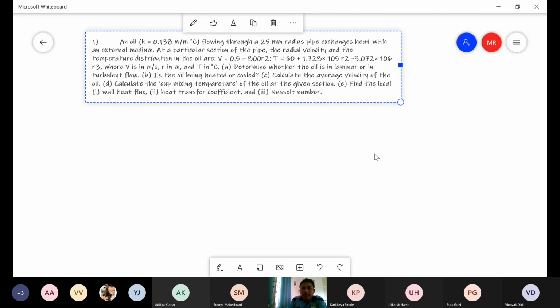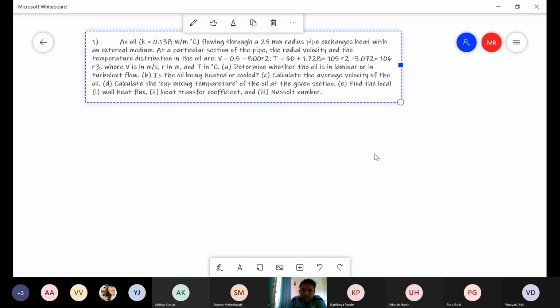At a particular section of the pipe, the radial velocity and the temperature distribution in the oil are V is given as 0.5 minus 800 R square, whereas temperature is given as 60 plus 1.728 into 10 raised to the power 5 R square minus 3.072 into 10 raised to the power 6 R cube, where V is in meter per second, R is in meter, and T is in degree Celsius.